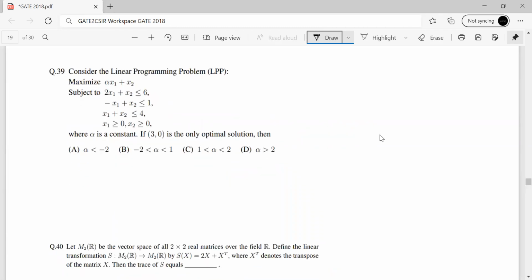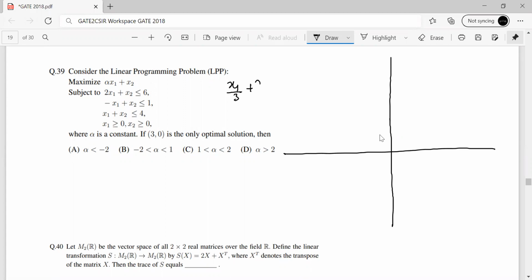Now let's solve this problem from LPP. Let's solve this one. You have to maximize alpha x1 plus x2 subject to the constraints. So let us draw the constraints first. 2x1 plus x2 is 6, that means I have x1 over 3 plus x2 over 6 equals 1.